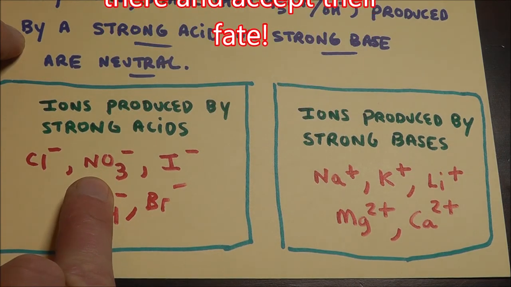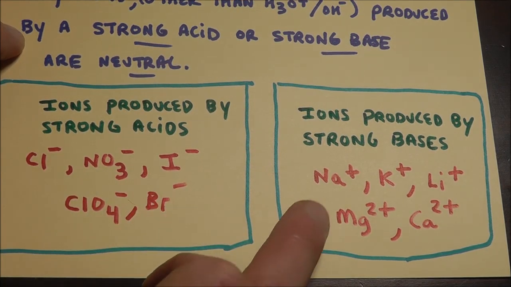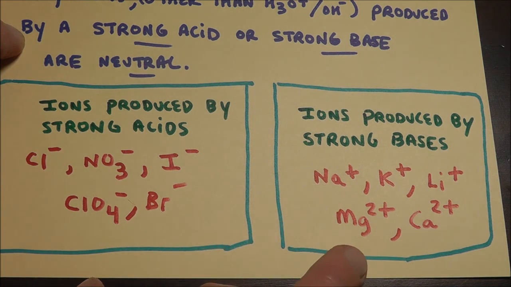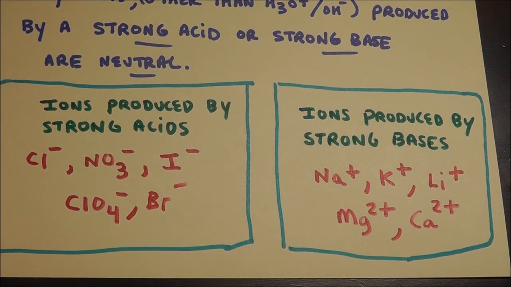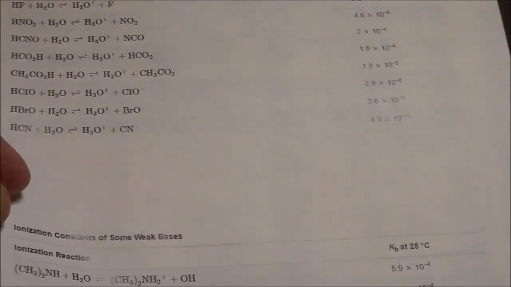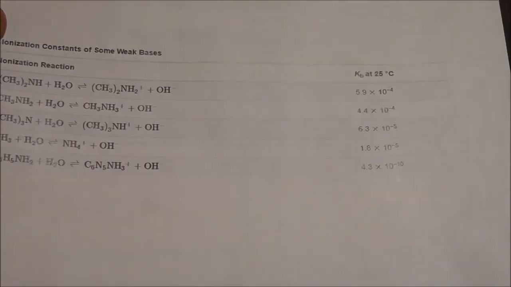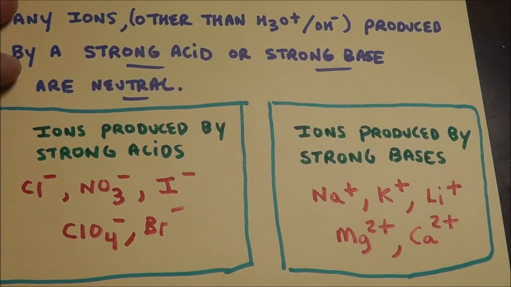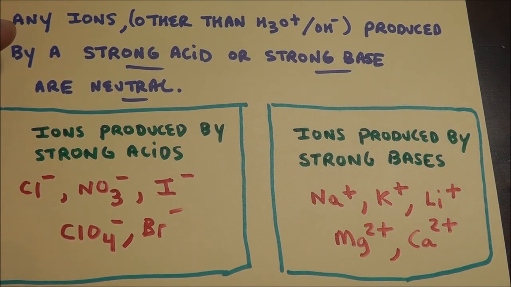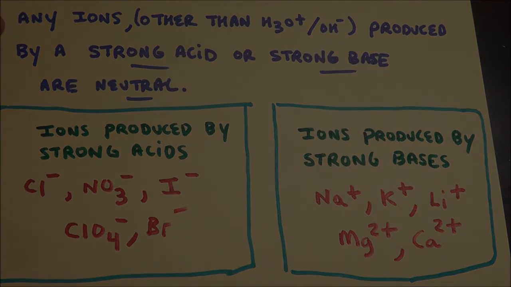Nitric acid, strong. It makes nitrate. Sodium hydroxide, strong. So is potassium hydroxide. So that's nothing that appears on your Ka or Kb chart. Notice, this is a different ballgame. So let's talk about ions that are not neutral next.